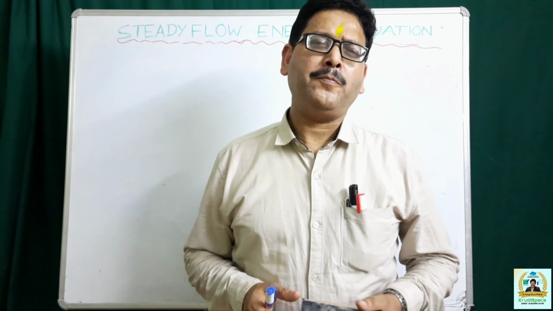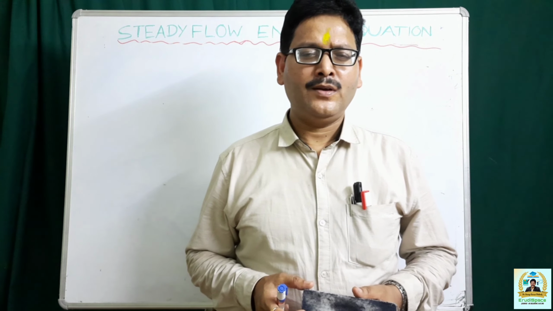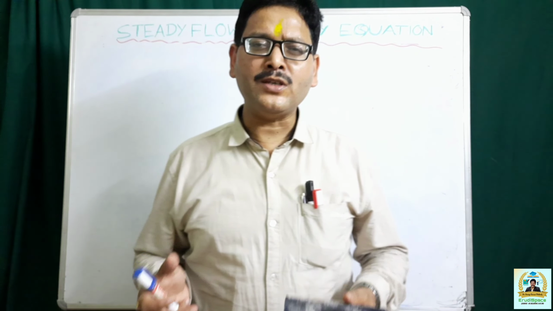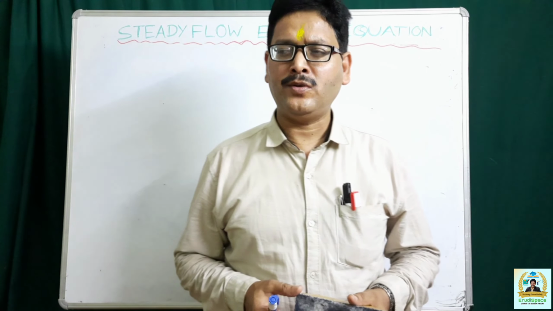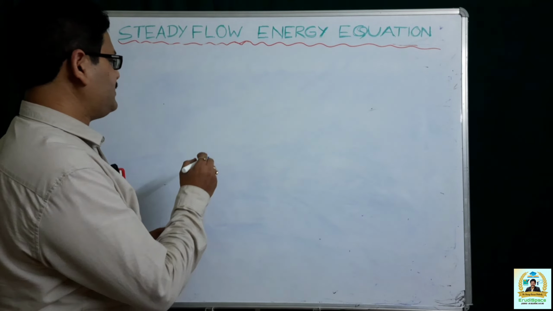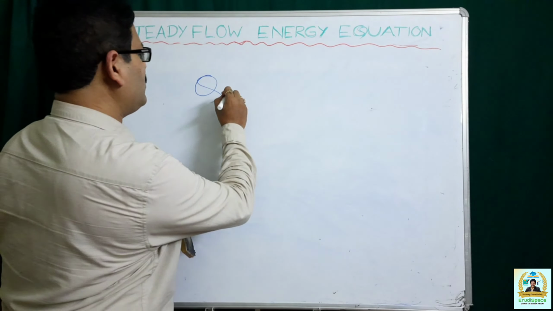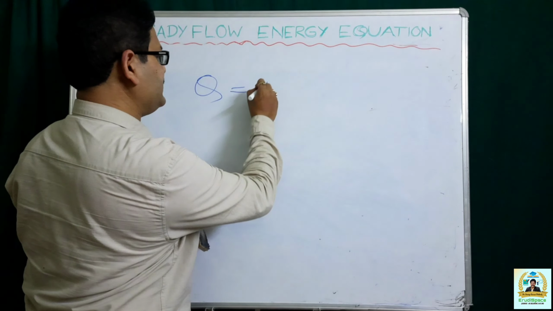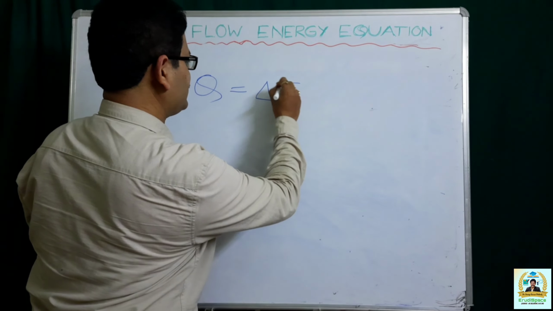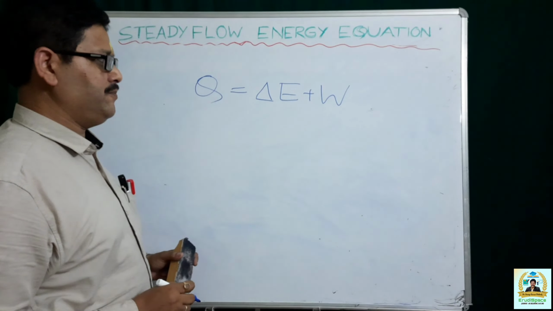All of us know that according to the first law of thermodynamics, the law of conservation of energy holds good. We have already discussed that the heat supplied is equal to the change in energy plus the external work done.